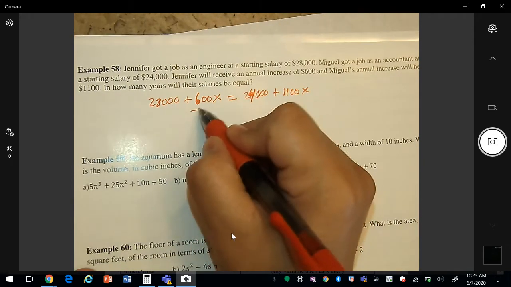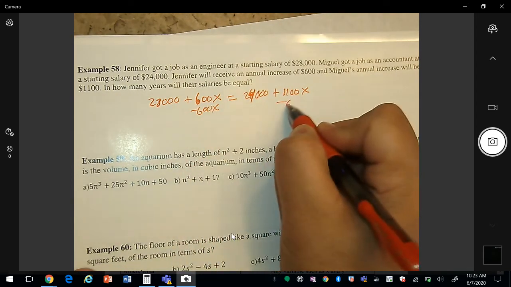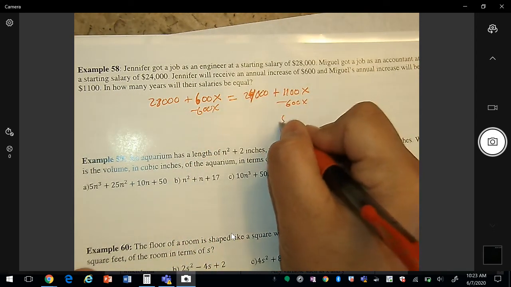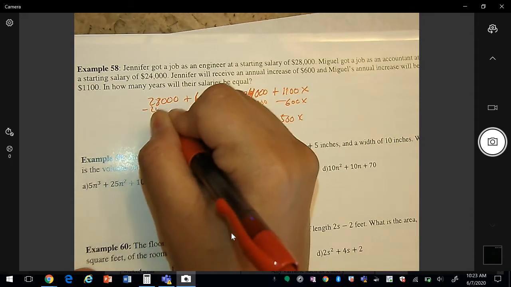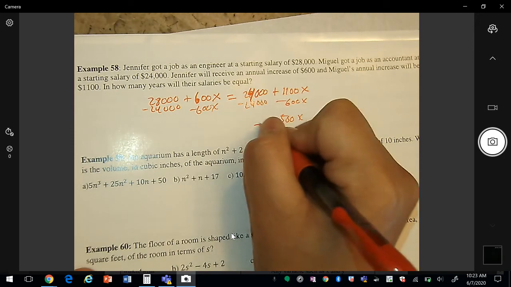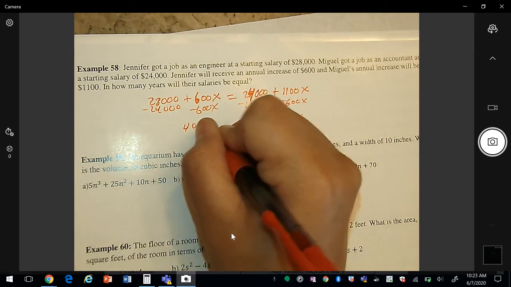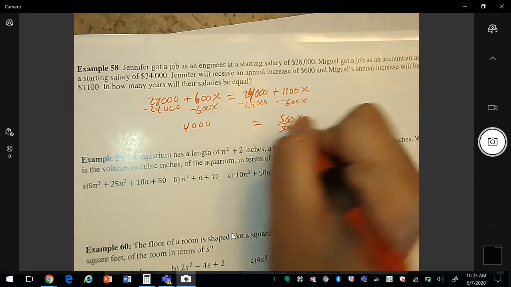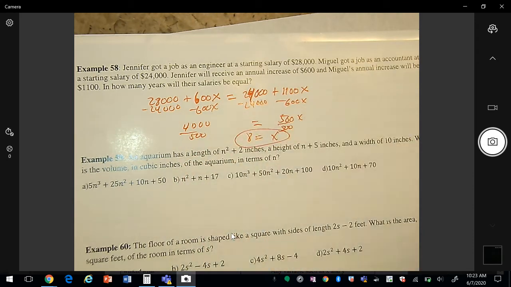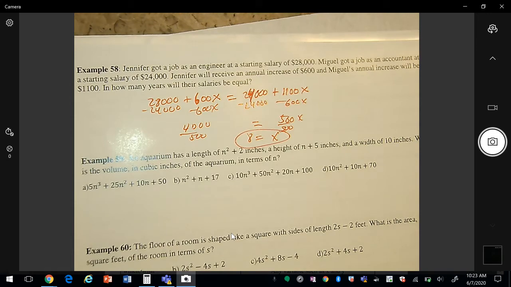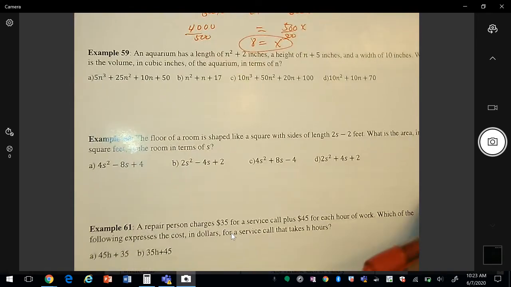So if I subtract 600, then we get 500x, and I'm going to subtract 24,000. So we get 4,000 divided by 500. So x is going to be equal to 8. So it takes 8 years before they have the same salary.